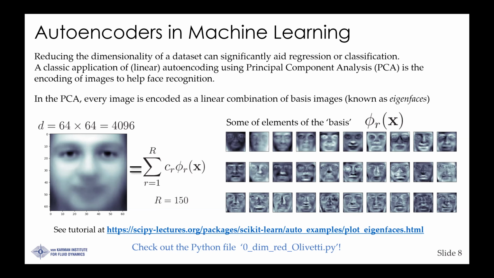So in that specific case, every vector, the one that we want to compress, is an image. For illustration purposes, this image is very, very coarse. It's 64 times 64 pixels, which is still a vector in a 4096 dimensional space.